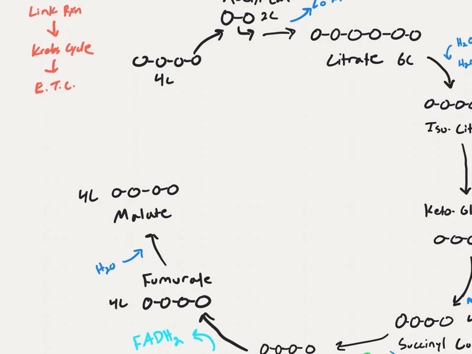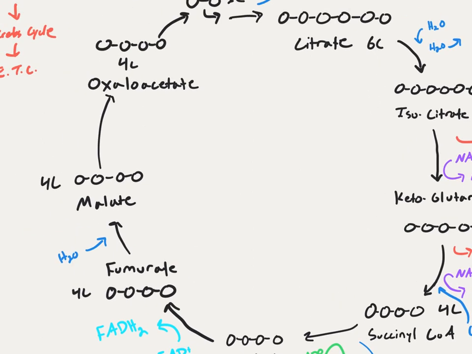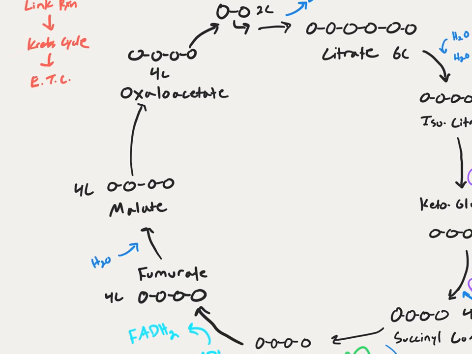And then lastly, the malate is converted to this 4-carbon molecule that we started with. It's called oxaloacetate. And in this process, a final NADH, H+ is produced.